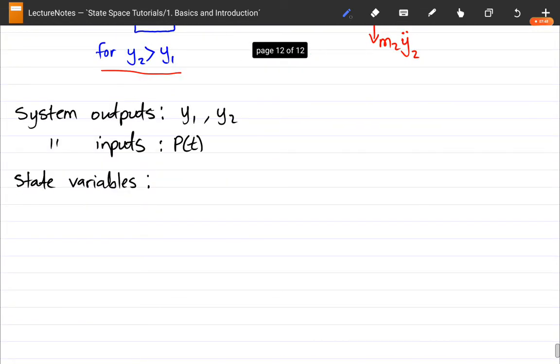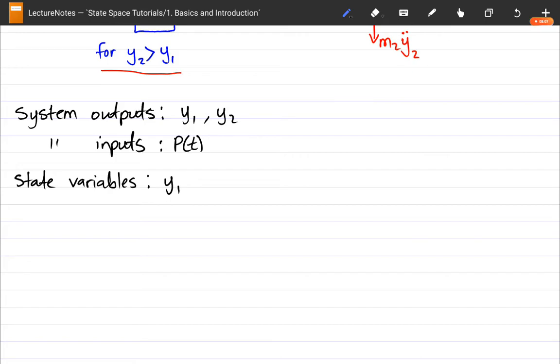And I'm just going to point them out now. We're going to select them in terms of our x variables that we've been using throughout.